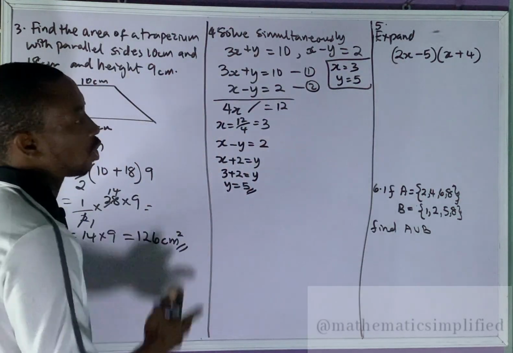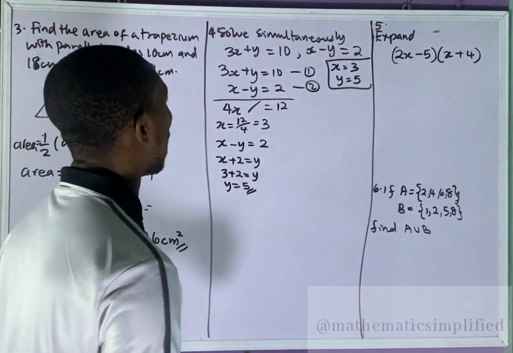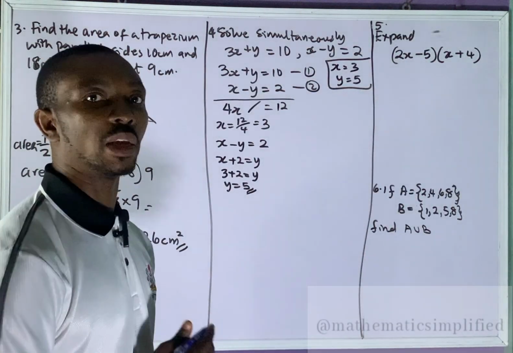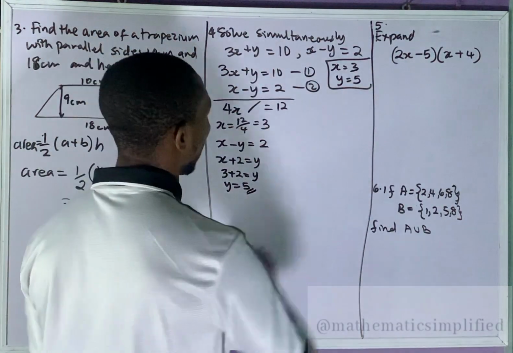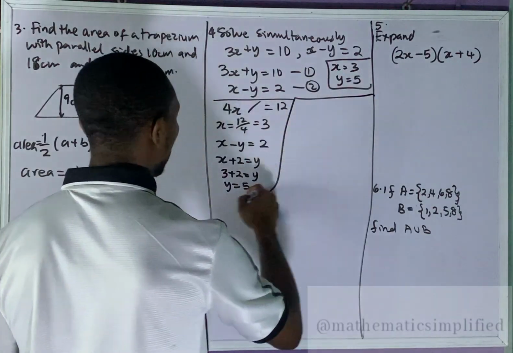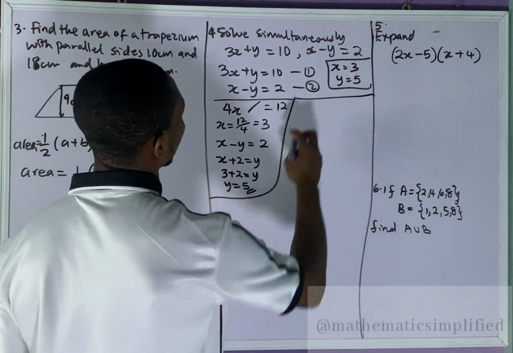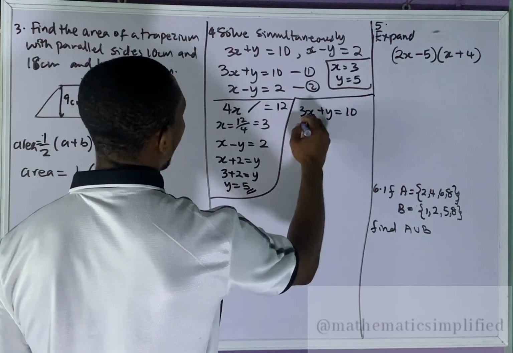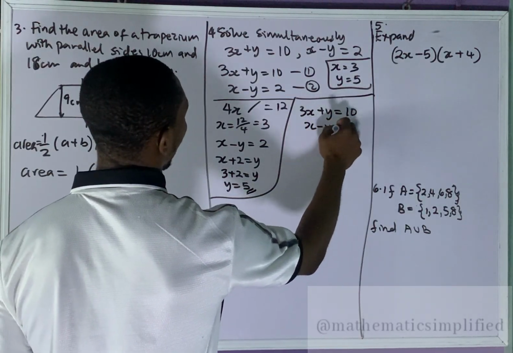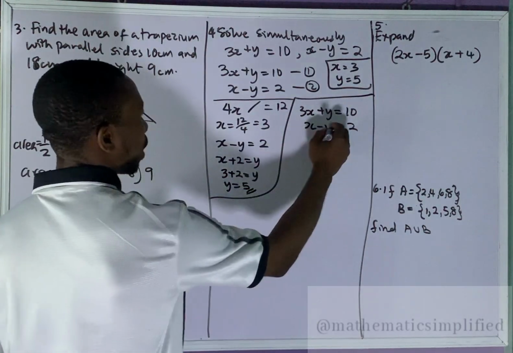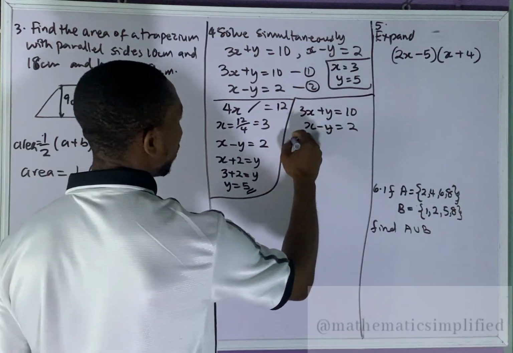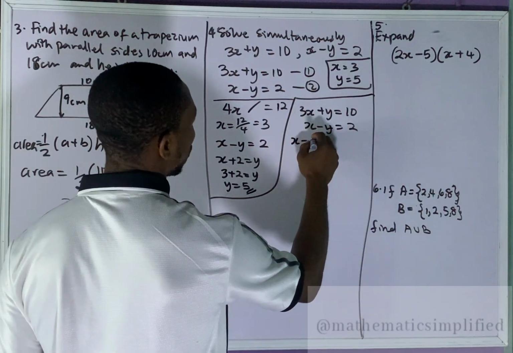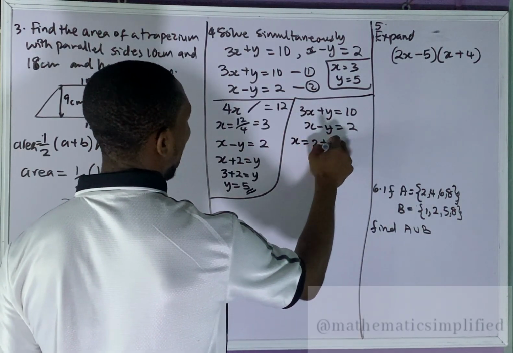Now, let's try the substitution method and see if we would get the same answer. For the substitution method here, we'll be looking at 3x plus y equals 10 and x minus y equals 2. So making x the subject of the formula, x equals 2 plus y.